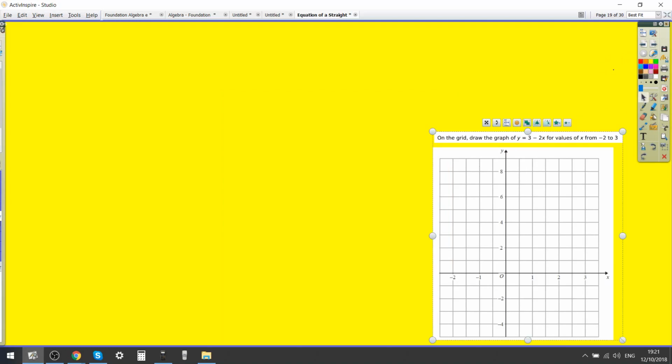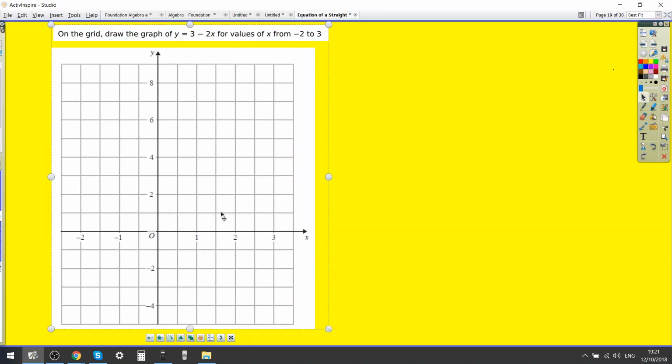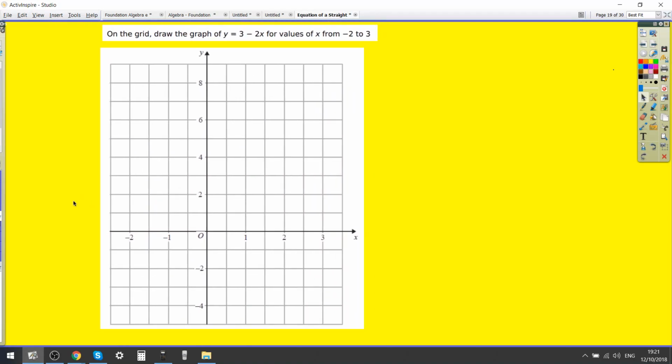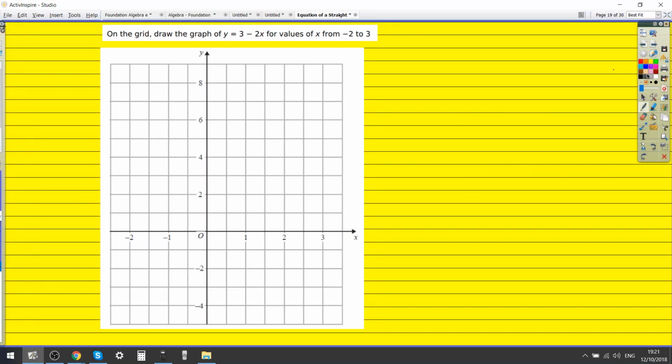Okay, let's try this one. So it's not particularly, but anyway, it's a different type of thing. Let's try this. So say if you do -2 times -2, so that's 4, and then so it's 3 minus 4, so -1.